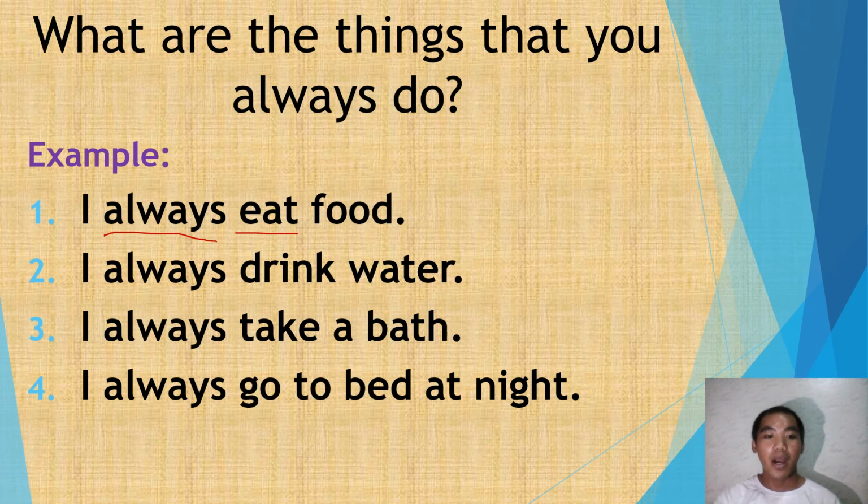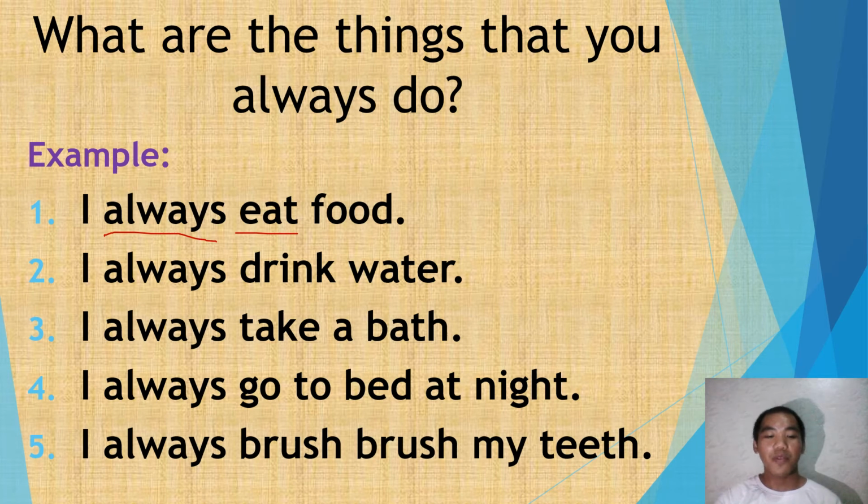Number 4, I always go to bed at night. Every night, we go to sleep, right? That's why we're going to use always, because every night, we go to bed. Number 5, I always brush my teeth. Three times a day, we need to brush our teeth, right?